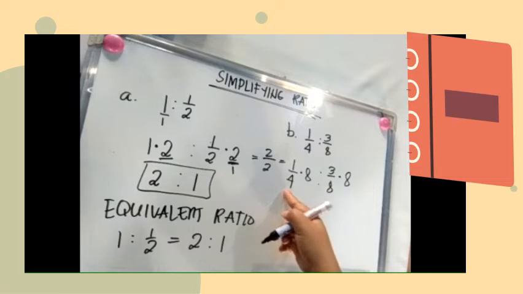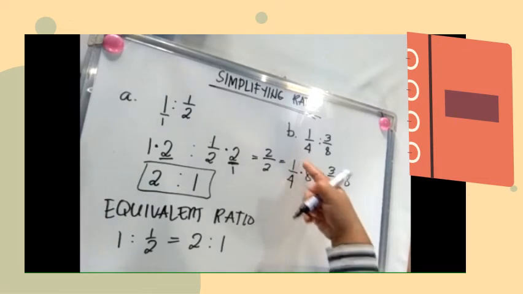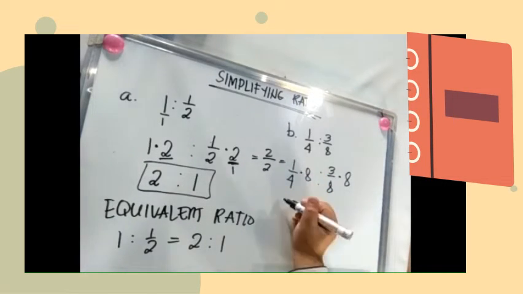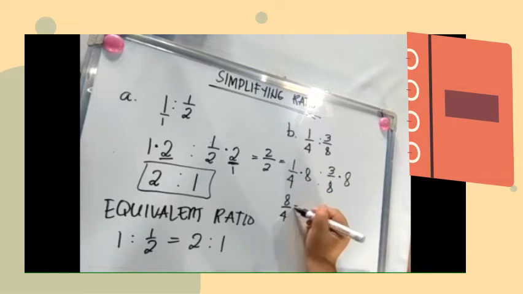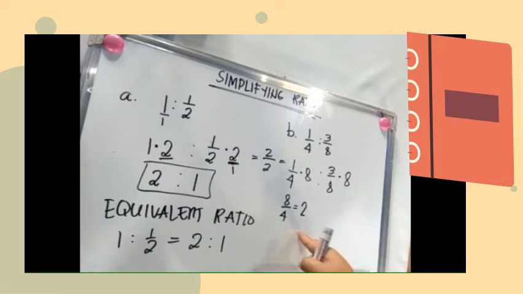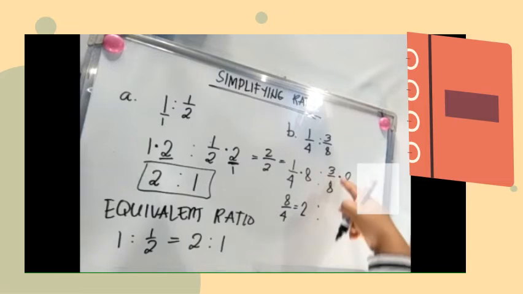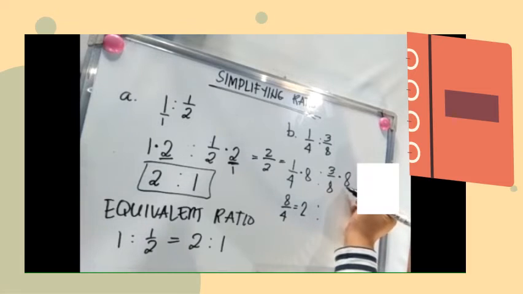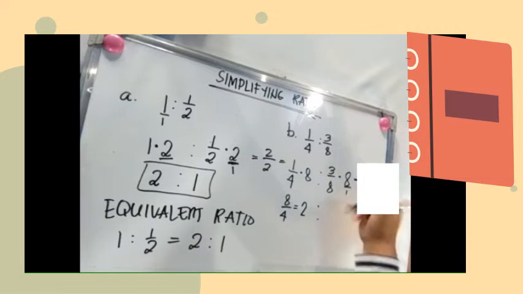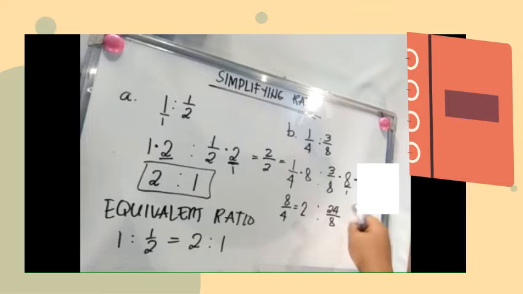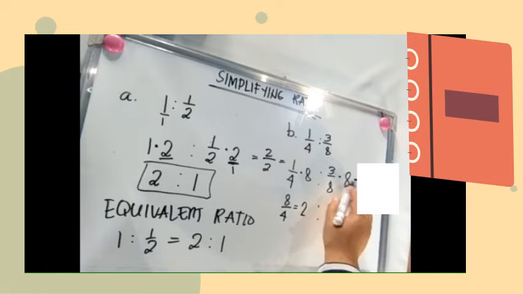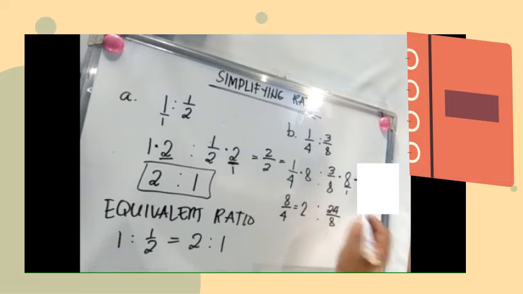So, let us now simplify this. 1/4 times 8, we have 1 times 8 over 4 or 2. 8 divided by 4, we have 2. Okay? And then, 3 over 8 times 8, we have, multiply lang din nato siya. 3 times 8, this came from 3 times 8 equals 24, over 8 times 1, we have 8.